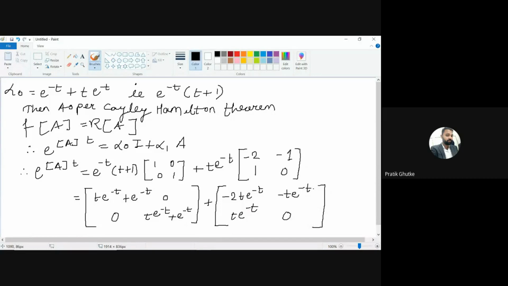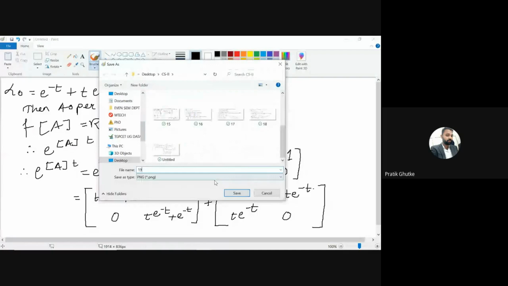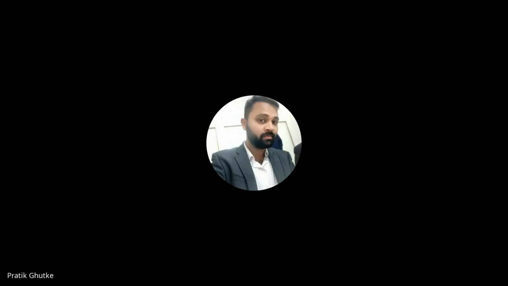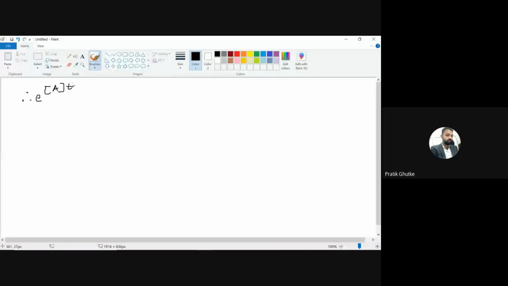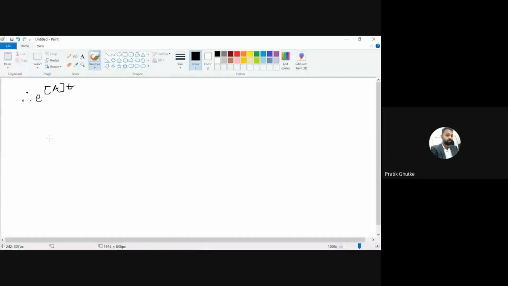Now moving forward, therefore e raised to At equals e raised to minus t plus e raised to minus t.